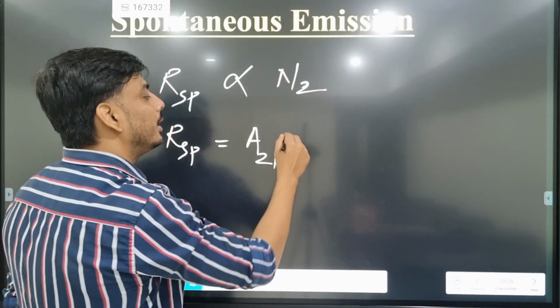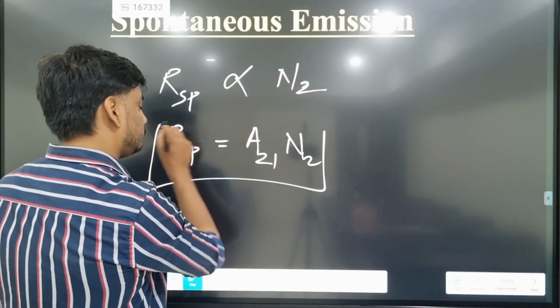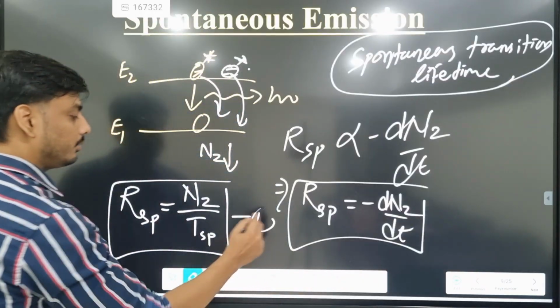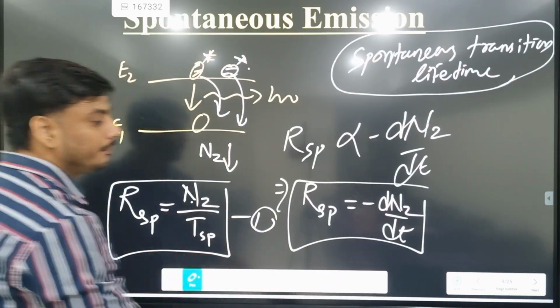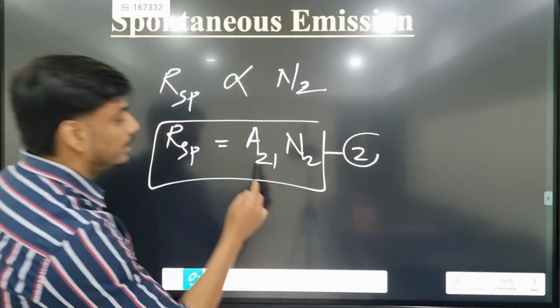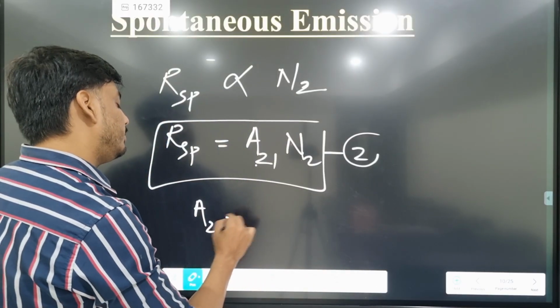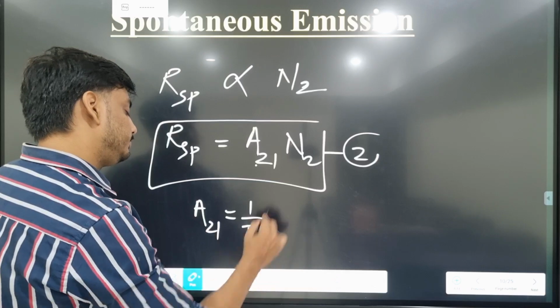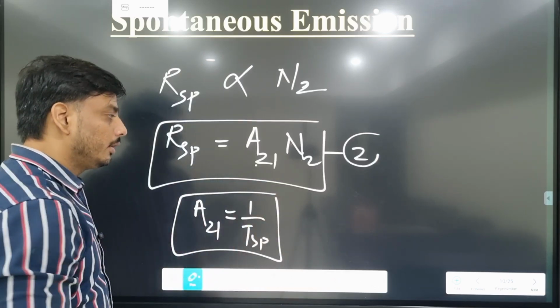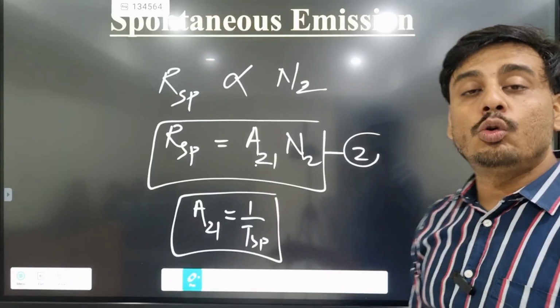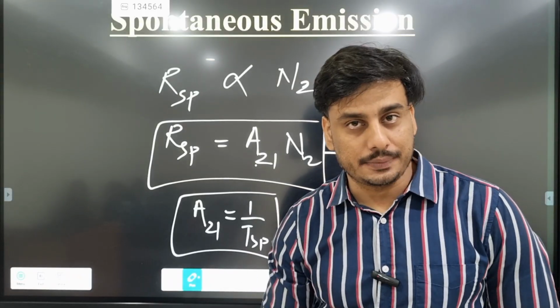So A21 times N2. We compare equation 1 and 2. Here you can see N2 by TSP. Here we get A21 N2. So you can directly write down A21 equal to 1 by TSP also. Here A21 is known as Einstein's coefficient of spontaneous emission.